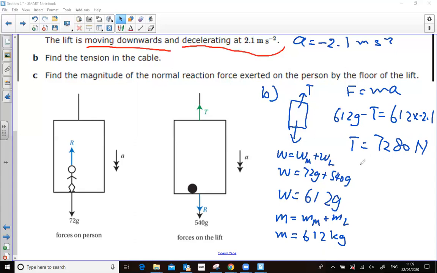Okay, right. Now let's look at part C. It's a different color this time. That's right. Find the magnitude of the normal reaction force exerted on the person by the floor of the lift. Right, so now what can we do?